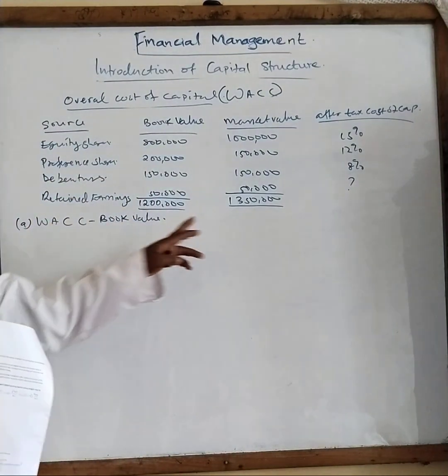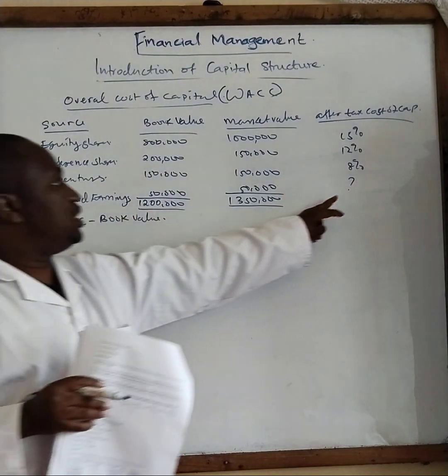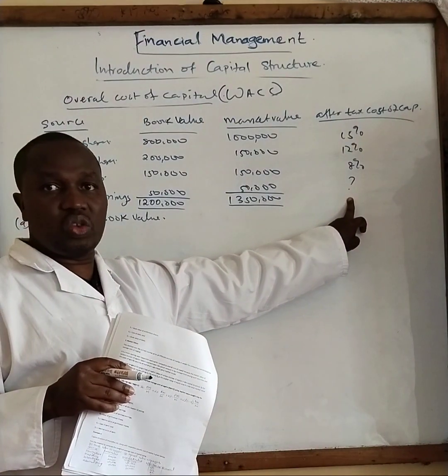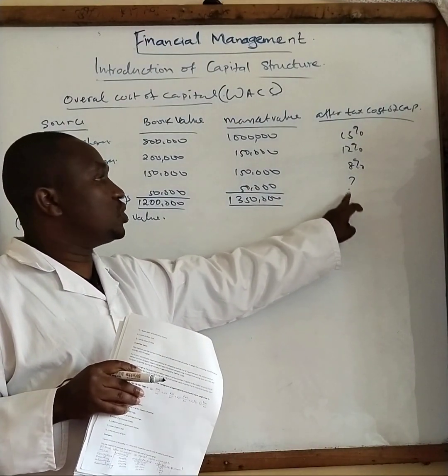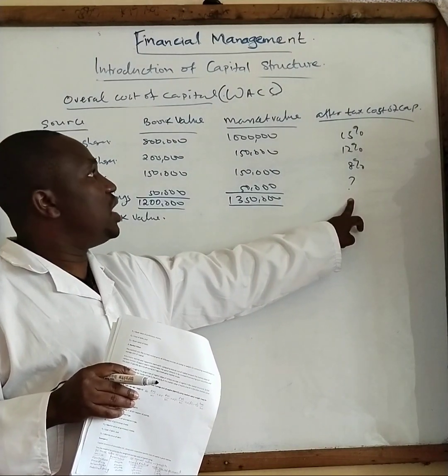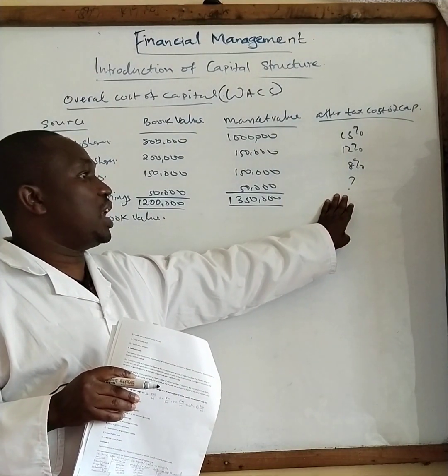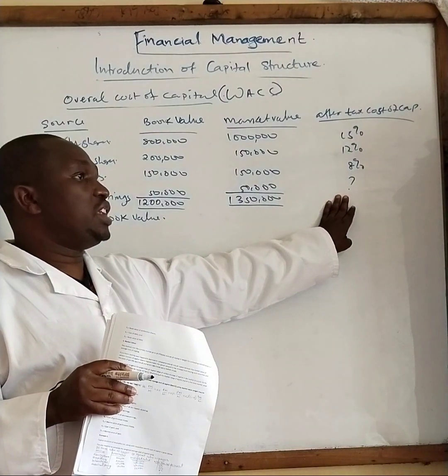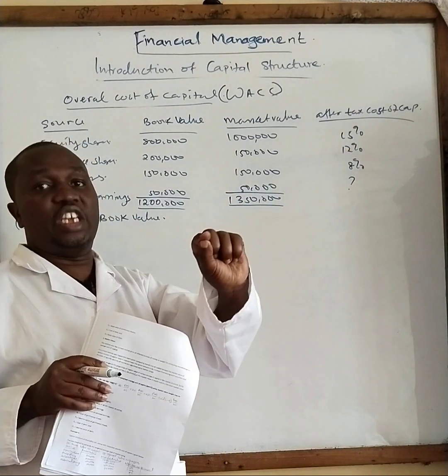Now, look at retained earnings. We have not been given the cost of capital. How do you calculate the cost of capital for retained earnings? The only difference between the cost calculation for equity and retained earnings is that there is no flotation cost.